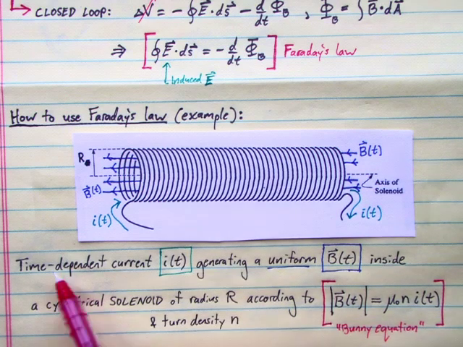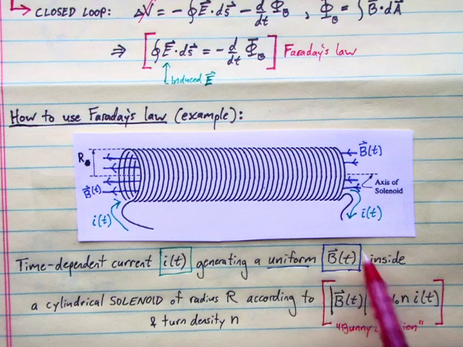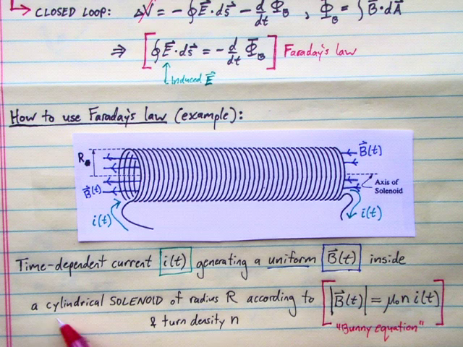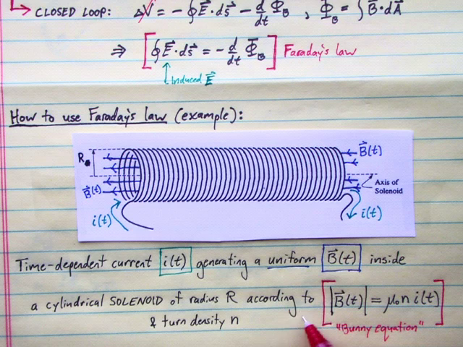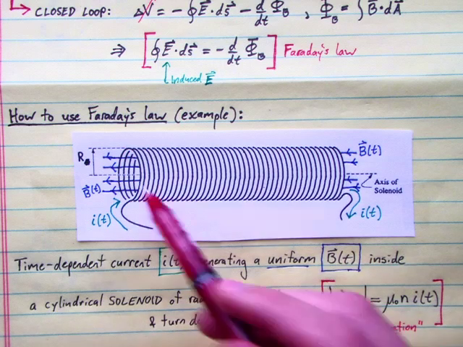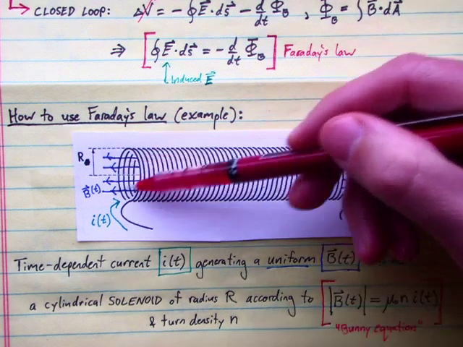So this time-dependent current, little i of t, will be generating a uniform magnetic field inside this cylindrical solenoid of radius R and turn density little n, according to what we've called the Bunny equation. So we see that the magnetic field strength inside the coil is directly proportional to the current running through that coil. So if our current varies with time, then the B field strength in here will be varying with time.